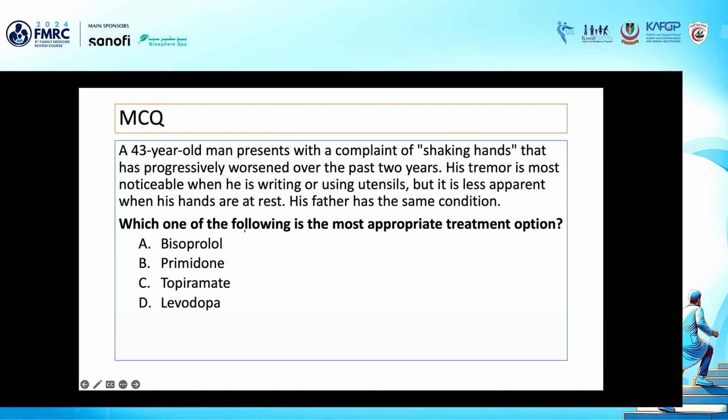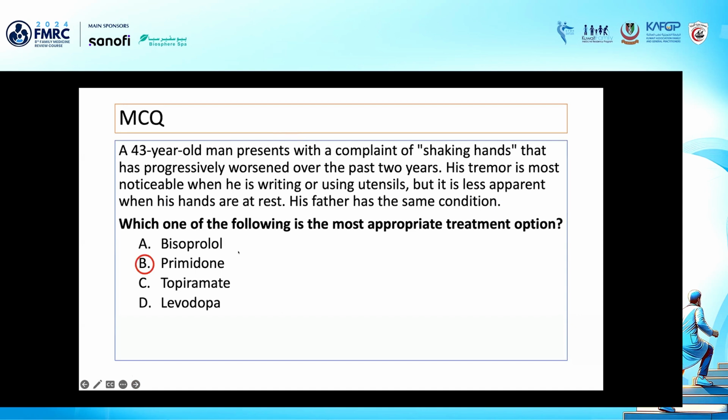Okay, I intentionally put bisoprolol because in this case the only option here, the most appropriate treatment option is B, which is primidone.